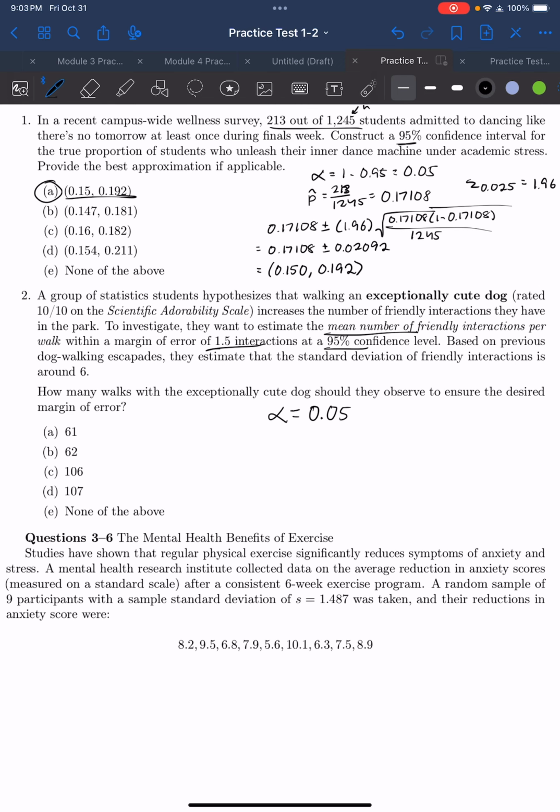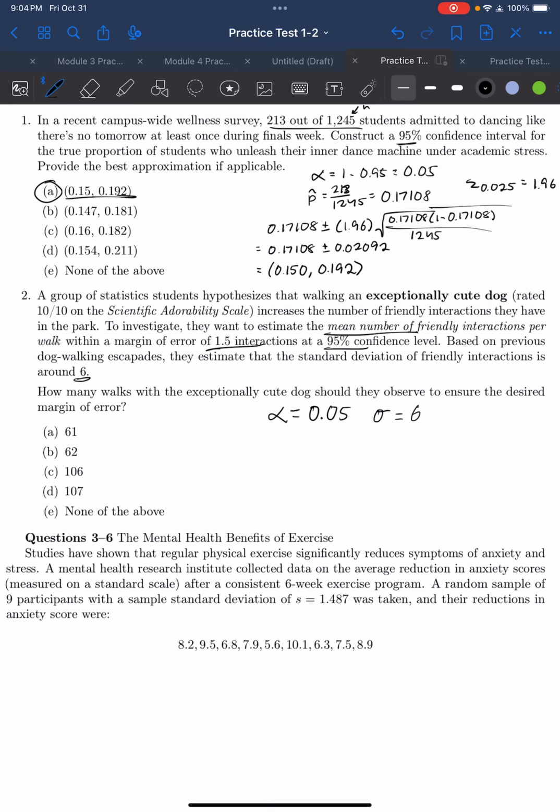And then we have our estimation of our standard deviation of friendly interactions. So that's around 6. So that's our standard deviation.